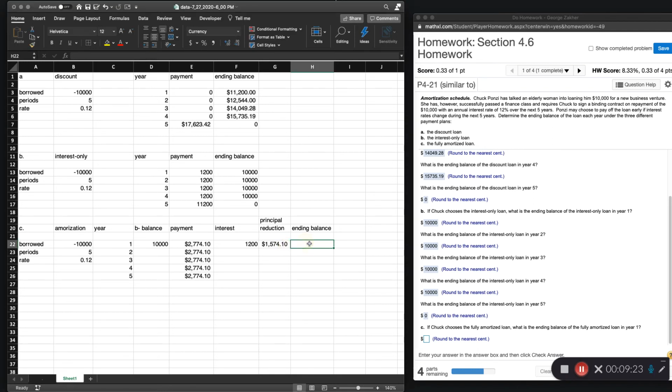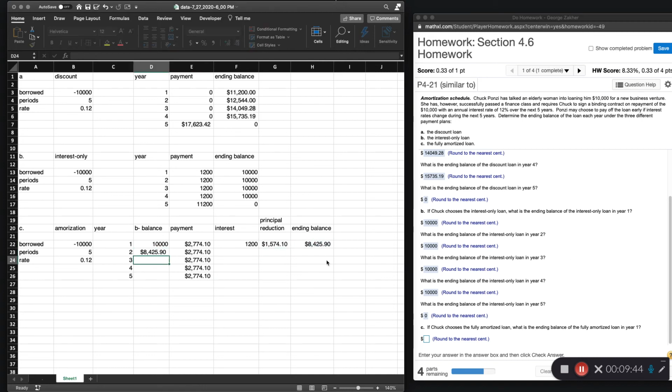Now in terms of our beginning balance for year 2, it's going to be equal to the ending balance of year 1. So we can go ahead and bring that over here. And in a way, we're repeating our steps. So our interest is going to be the beginning balance multiplied by the rate.